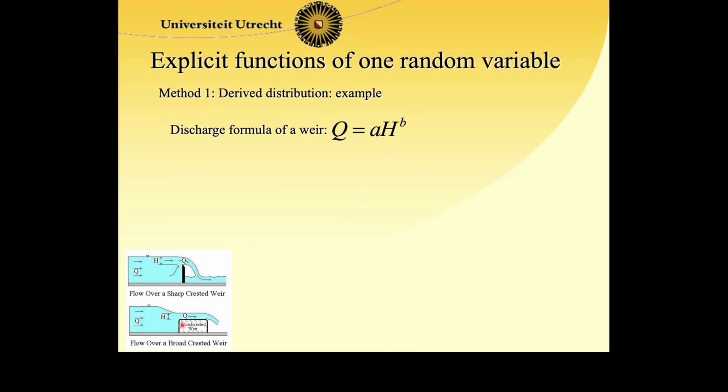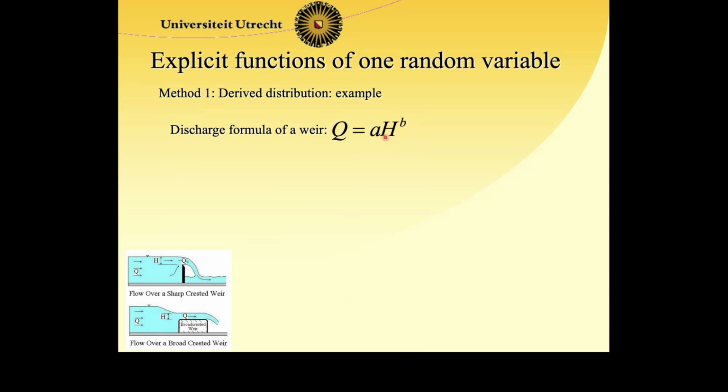Now for a broad crested weir, we can actually derive theoretically what A and B should be, but in reality A and B are usually calibrated in the lab. Now if you apply this in the field, obviously you install such a weir, you have to measure the water height.